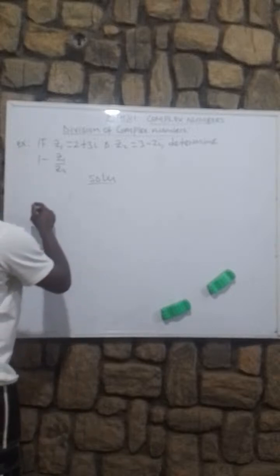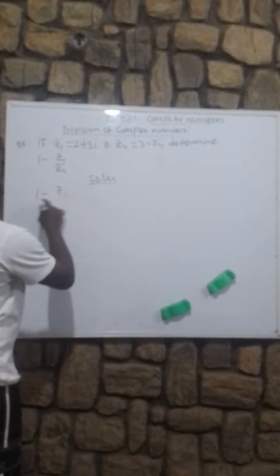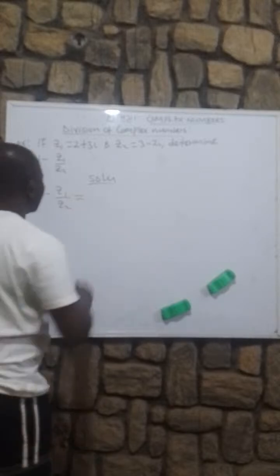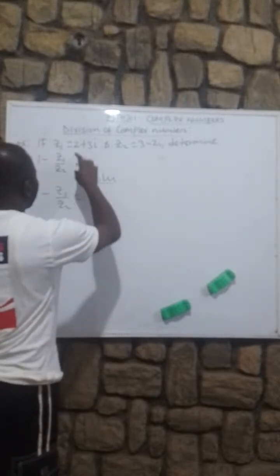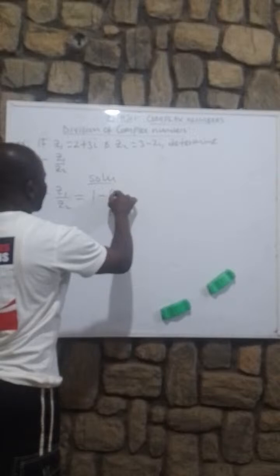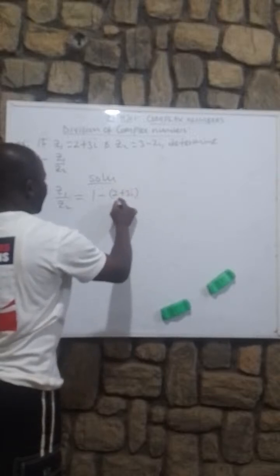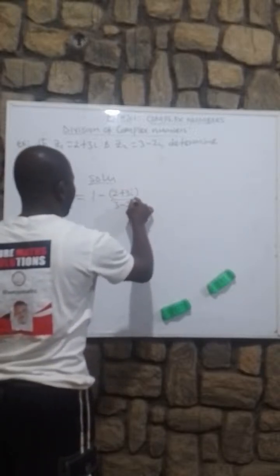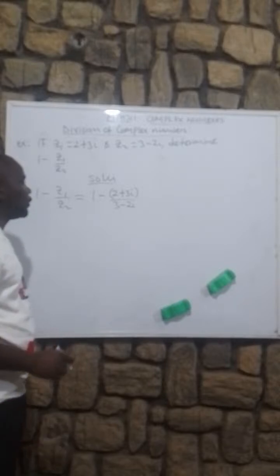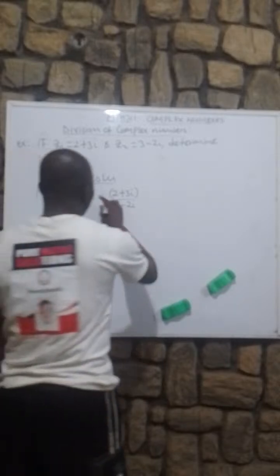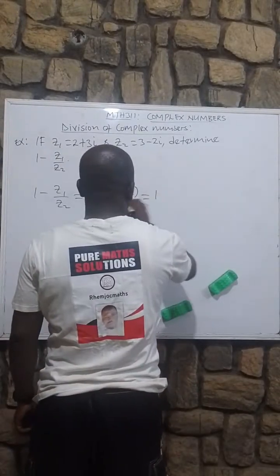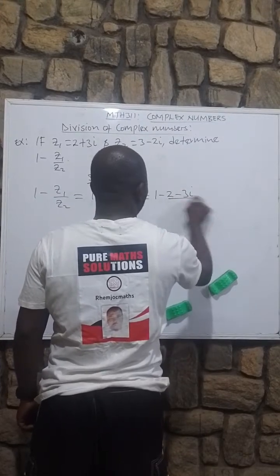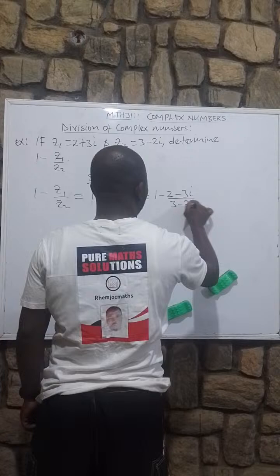So far so good. 1 minus Z1 all over Z2 will now be equals to 1 minus Z1, which is open bracket 2 plus 3i, and all over Z2 is 3 minus 2i, right? So far so good. What we do? We open this bracket, 1 minus 2 minus 3i, all over 3 minus 2i.